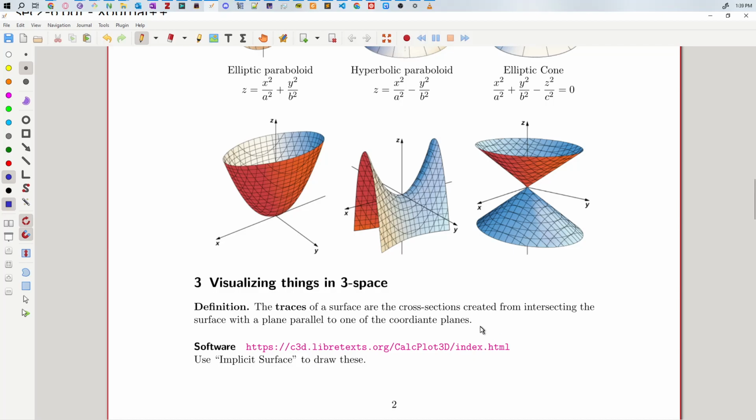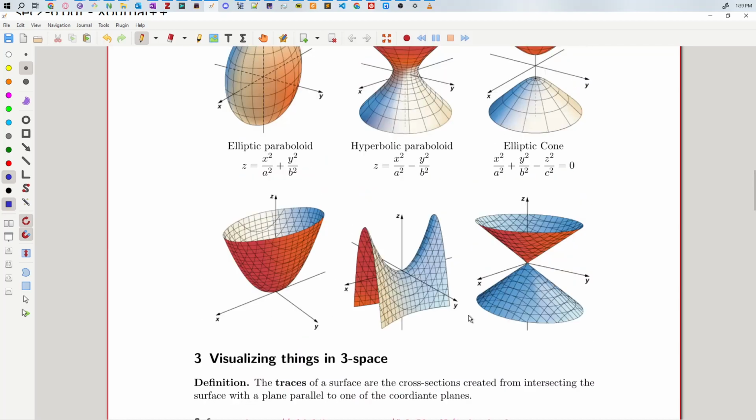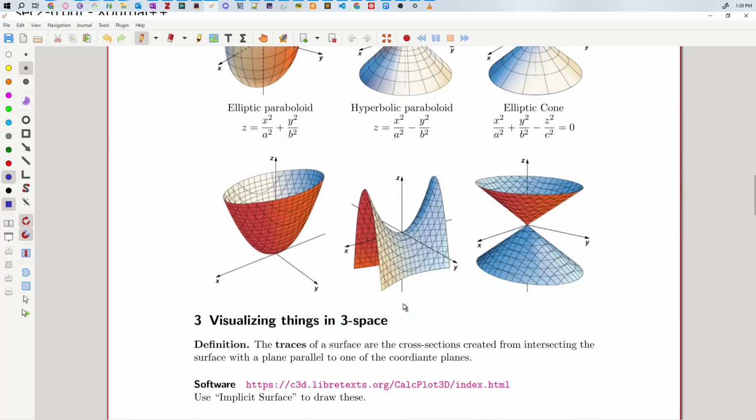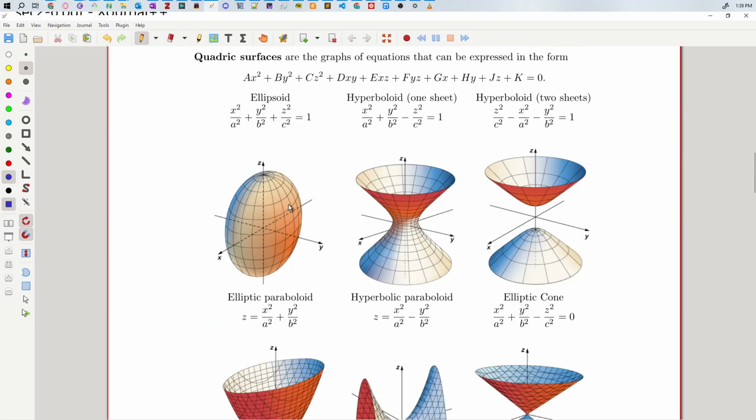When you do that, you end up with a one-dimensional object sitting in two-dimensional space, so it'll actually be one of these conic sections. So what I was trying to say is that the traces of this ellipsoid are all ellipses. If we intersect it with any of the xy, xz, or yz planes, you end up with ellipses as your traces for this ellipsoid, or for any ellipsoid for that matter.